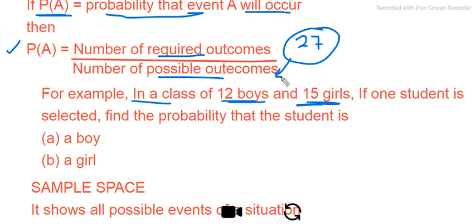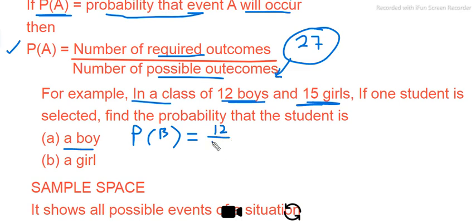If one student is selected, find the probability that the student is a boy. So the probability that the student is a boy will be equal to how many boys do we have in the class? We have 12 boys. So that will be 12 over how many students do we have in total?